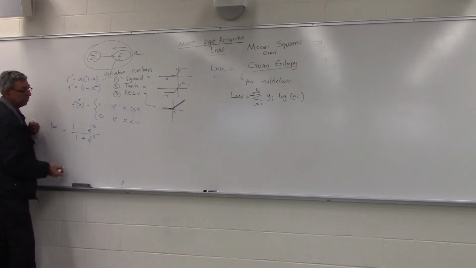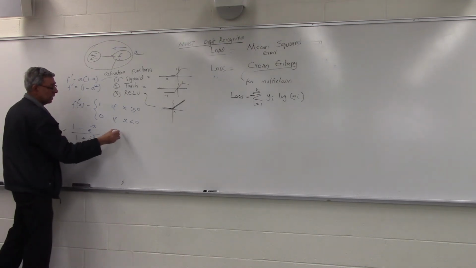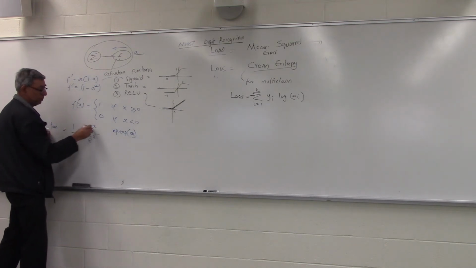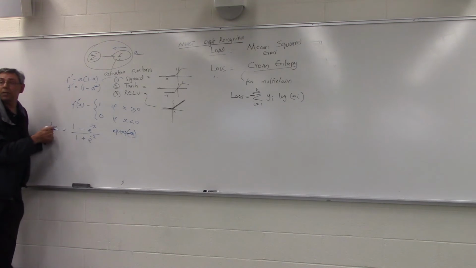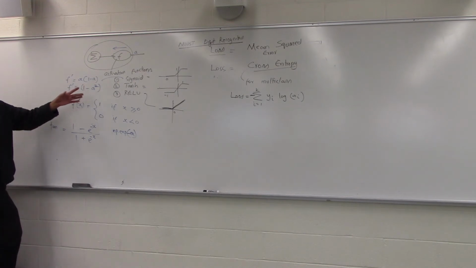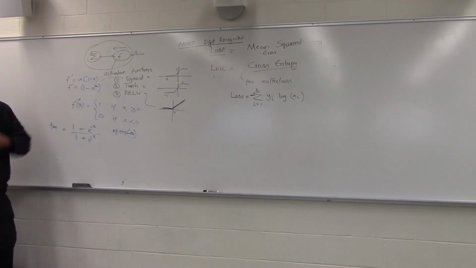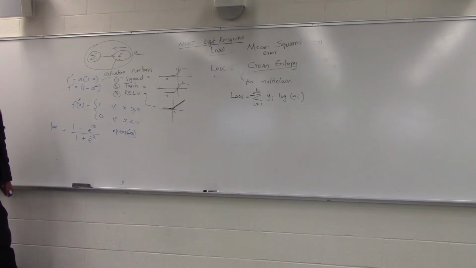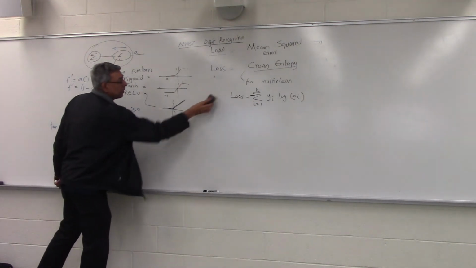So in NumPy, we already know np.exp of whatever a will give you, or minus a will give you this value. So you can easily compute that. In the TensorFlow library, which we'll use later, these are built-in functions, but in the beginning, I'd like you to do it individually yourself. Okay. Anyway, coming back to the cross entropy, this was the loss function.